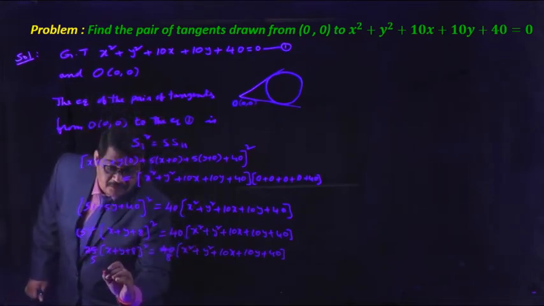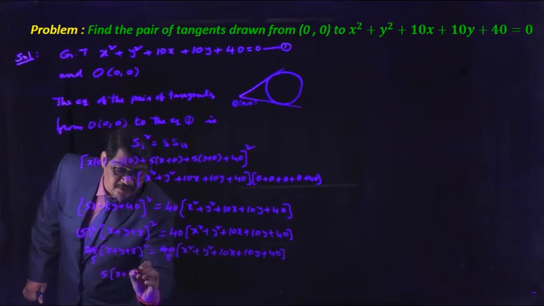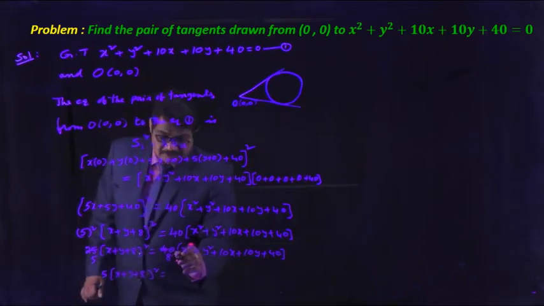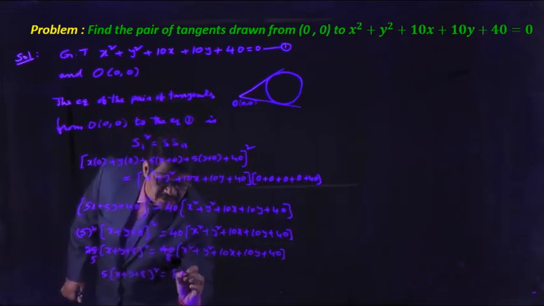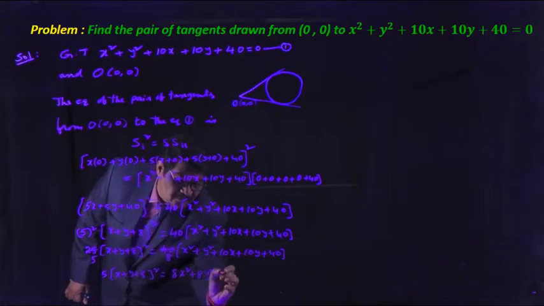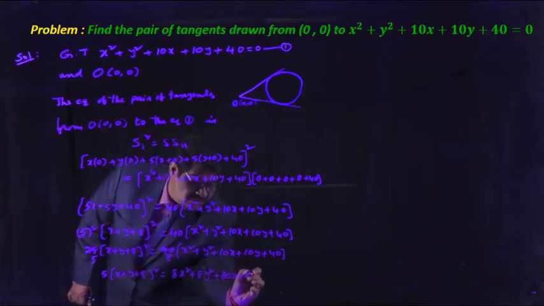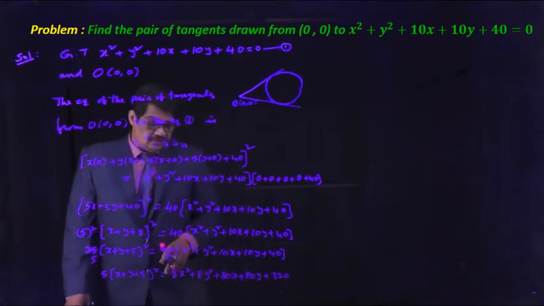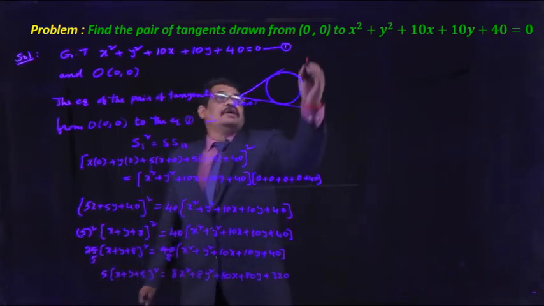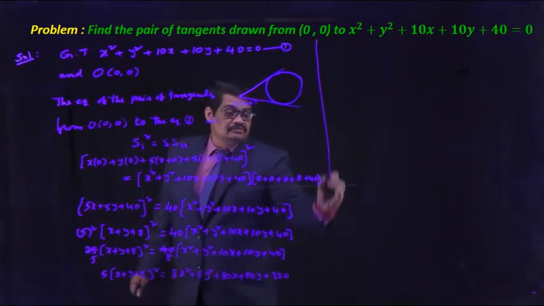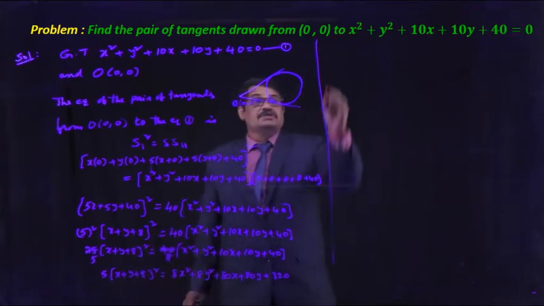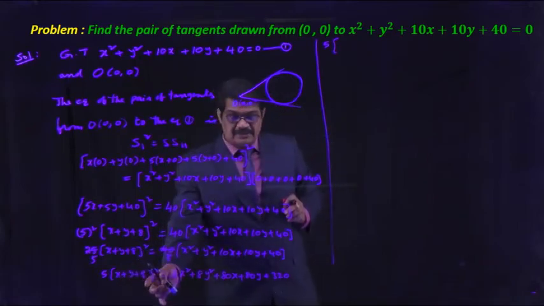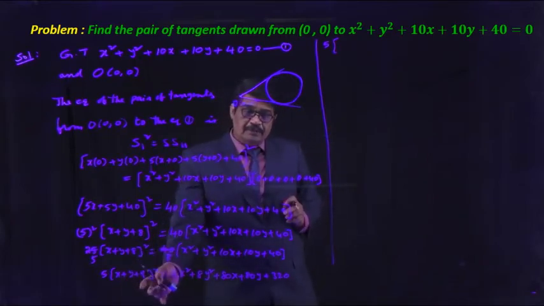Then the remaining 5 into (x plus y plus 8) whole square is equal to, here the circle multiplied by 8 is 8x square plus 8y square plus 80x plus 80y plus 320, since 8 forties are 320. Now in LHS we are simplifying. In LHS, that is 5 into (x plus y plus 8) whole square, which is of the form (a plus b plus c) whole square.